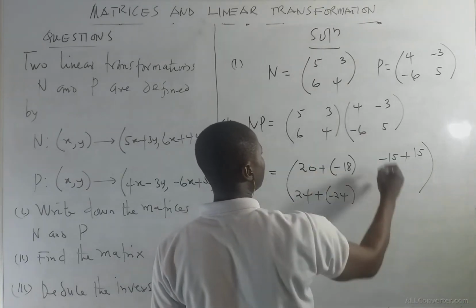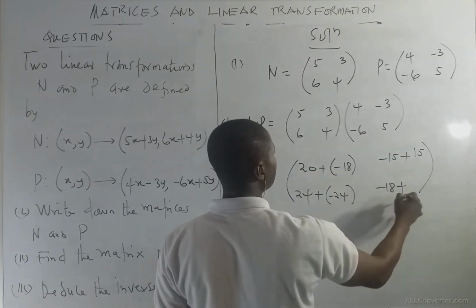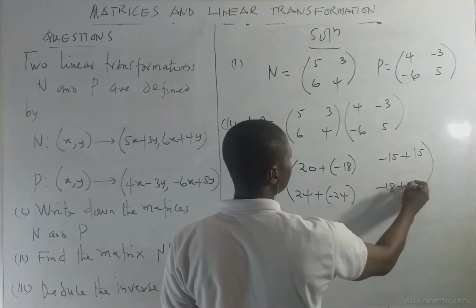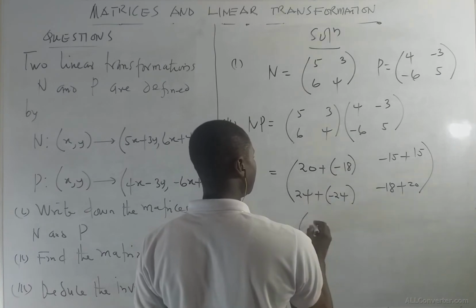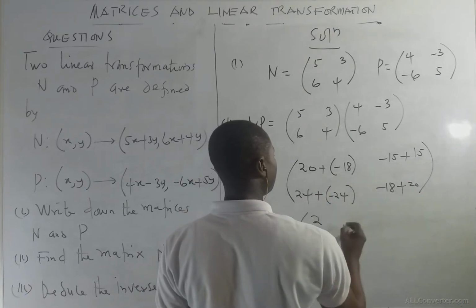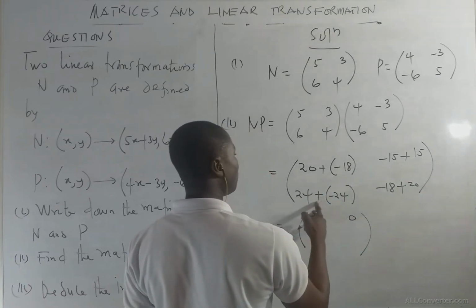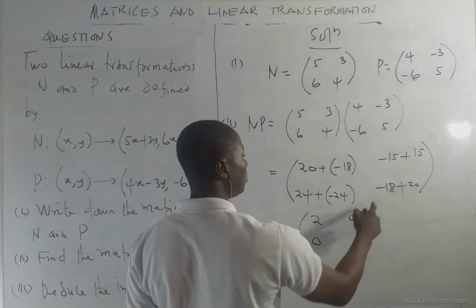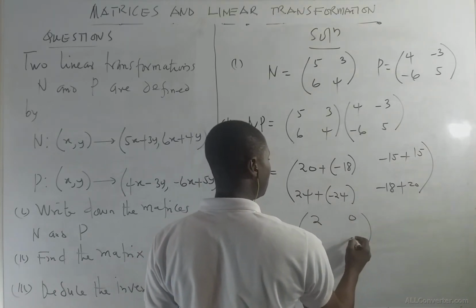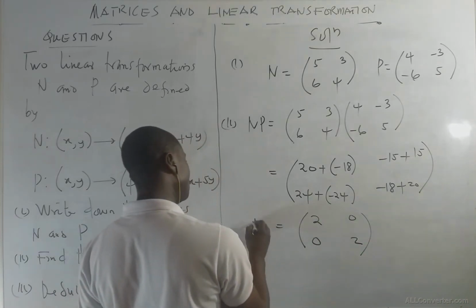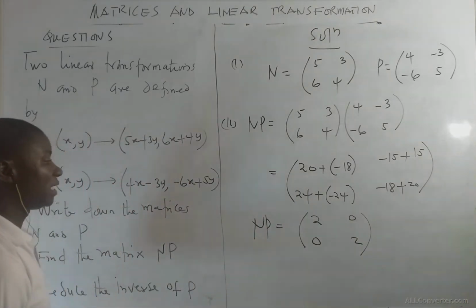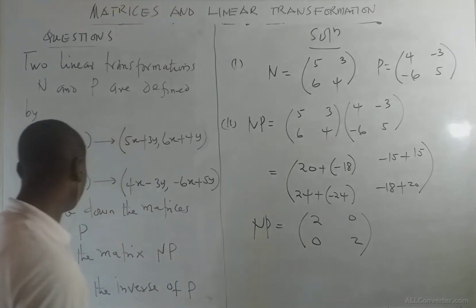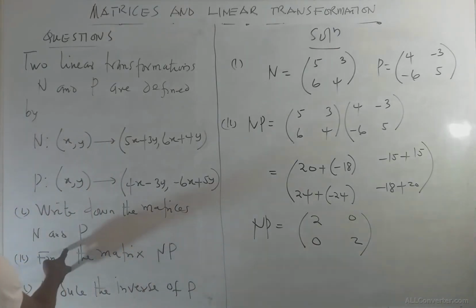Then 6 times minus 3 gives minus 18, plus 4 times 5 gives 20. So 20 minus 18 gives 2. Minus 15 plus 15, we have 0. 24 plus minus 24 is 0. Minus 18 plus 20 gives 2. So the matrix NP, when we multiply N by P, the answer we are getting is (2, 0, 0, 2). And that answers the second part of the question.